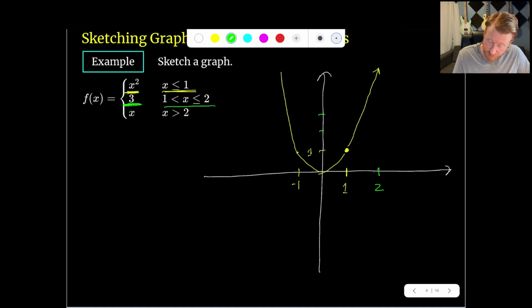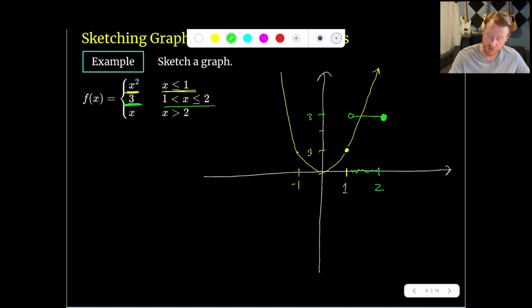There is 3. And from 1, not including 1, so I'm going to put an open circle here to indicate that we're not including 1, and then everything over to positive 2 is all 3. So any number in this part of the domain here will always get sent to 3 no matter what.